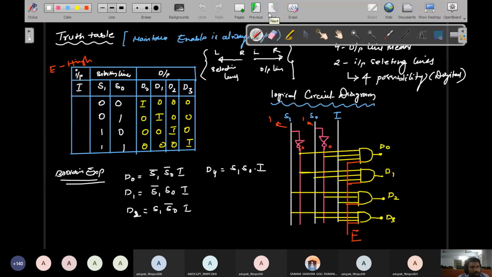Okay, shall we move to the 1:8 multiplexer? I will move to the 1:8 multiplexer. Please follow, everyone. One to 8 demultiplexer.